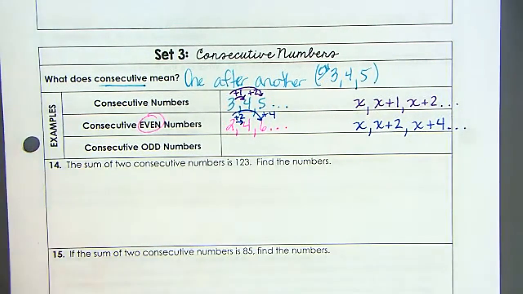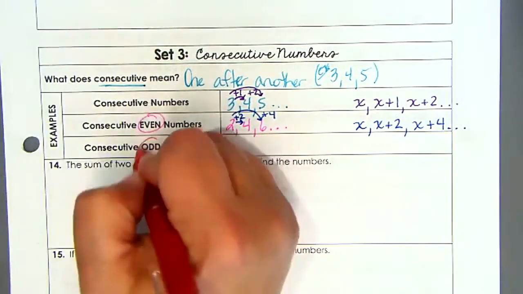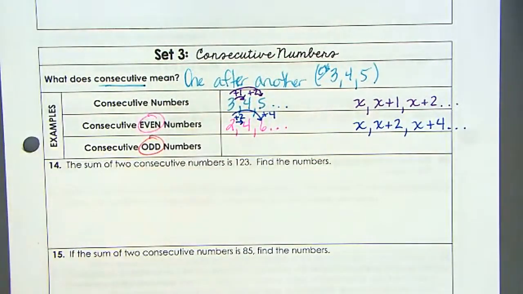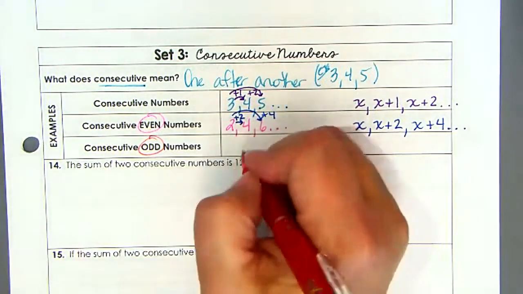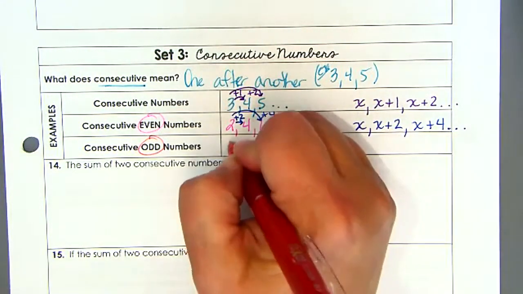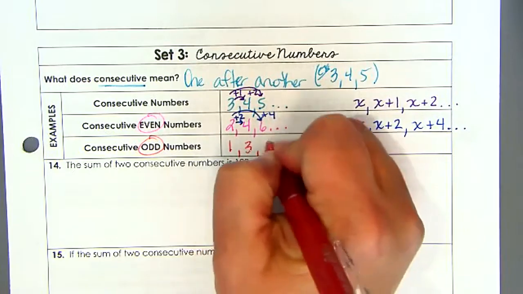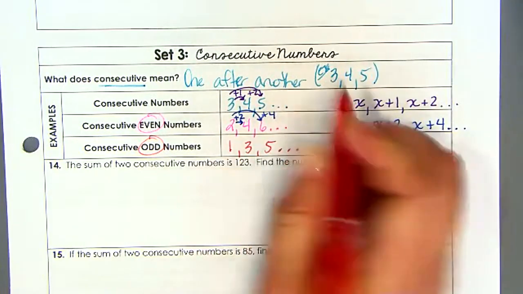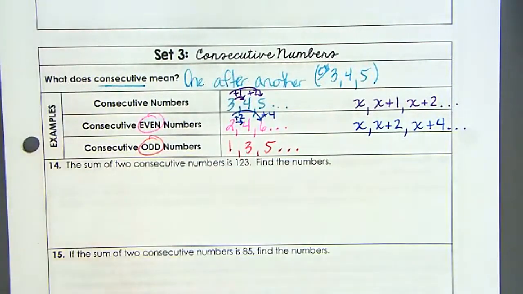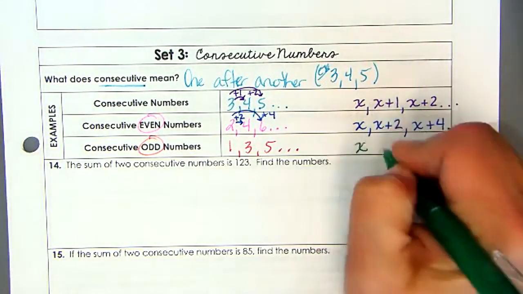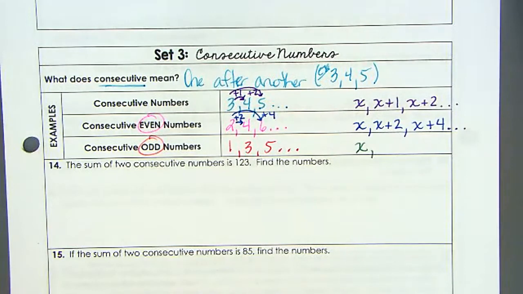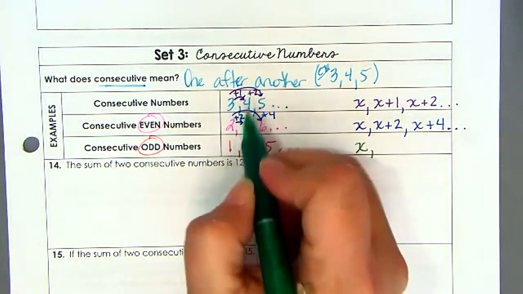Now, what's nice about the next scenario is even and odd can be thought of as the same, even though that's not the same number. Because my consecutive odd numbers would be 1, 3, 5, and so on. But let's look at the relationship between them. Again, the first number is always going to be X. Then I'm asking, how is the second one connected?